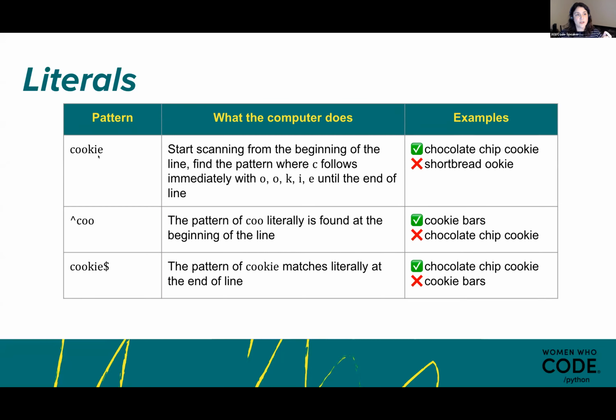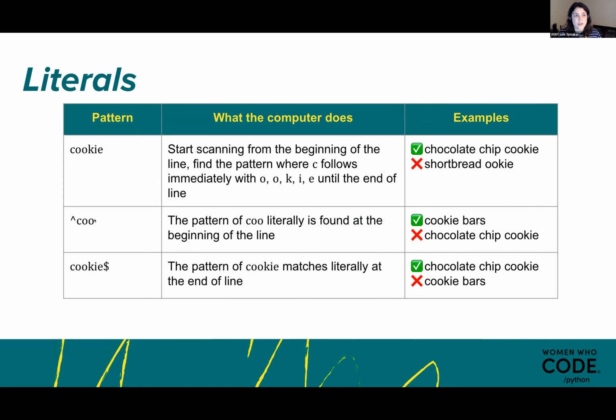So if you provide a pattern that is cookie, then you match it against a string. If the string contains the word cookie, it's going to match. And if it does not contain the word cookie, it is not going to match. So you can say it'll start scanning, and when it finishes the string, it'll say yes, this one matched, this one doesn't.